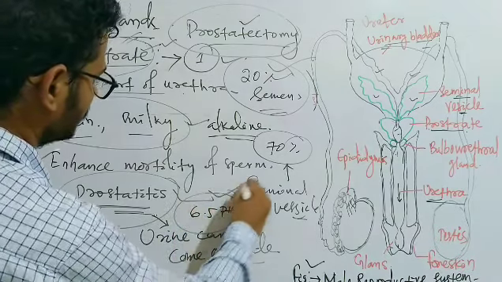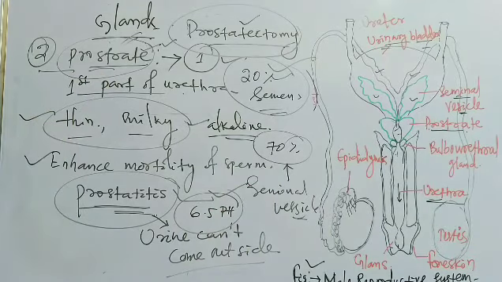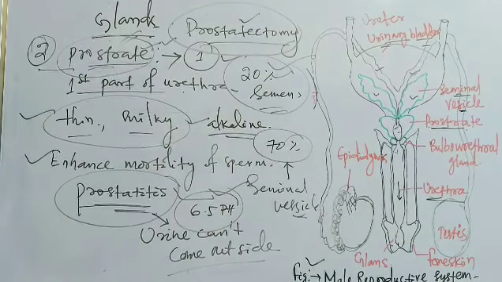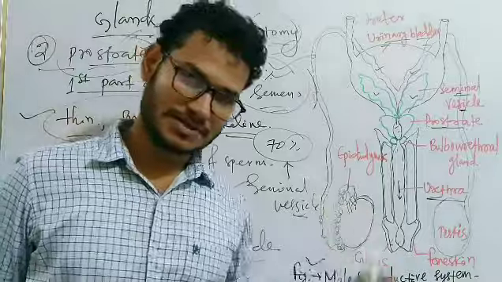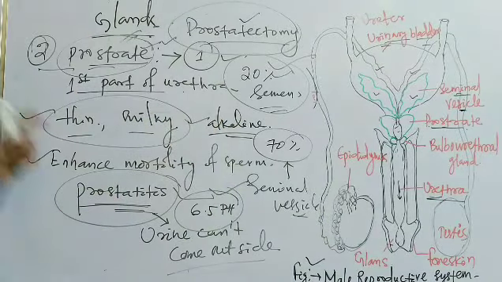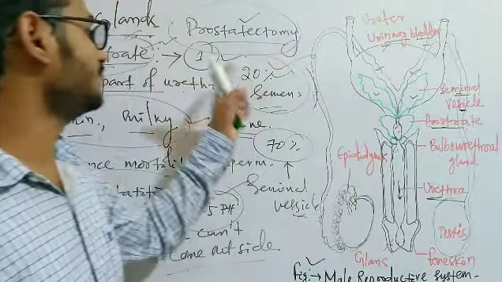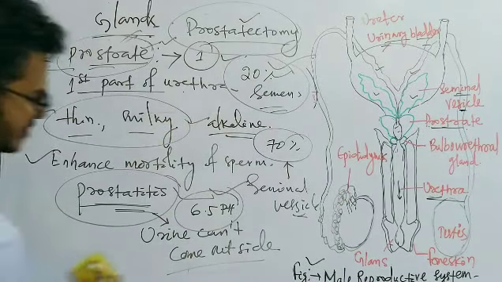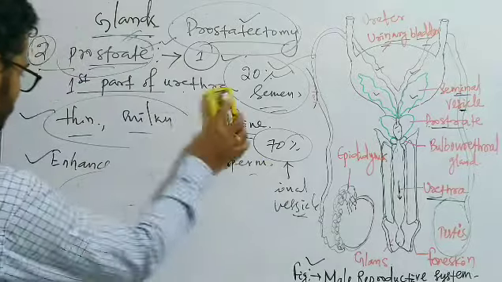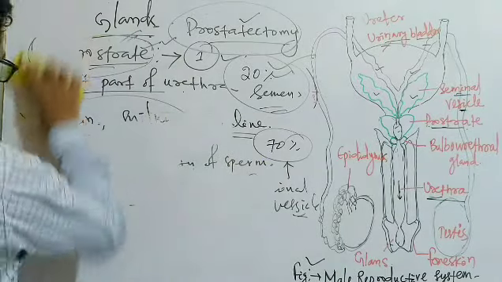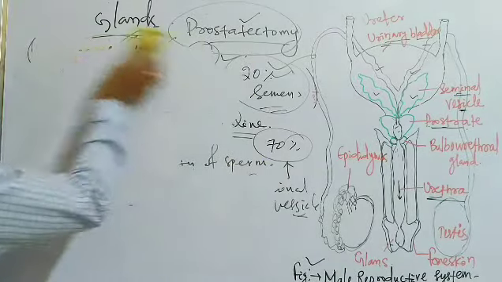So it is very important because it provides motility to the sperm. The secretion is slightly acidic, and let's move on to the next gland.